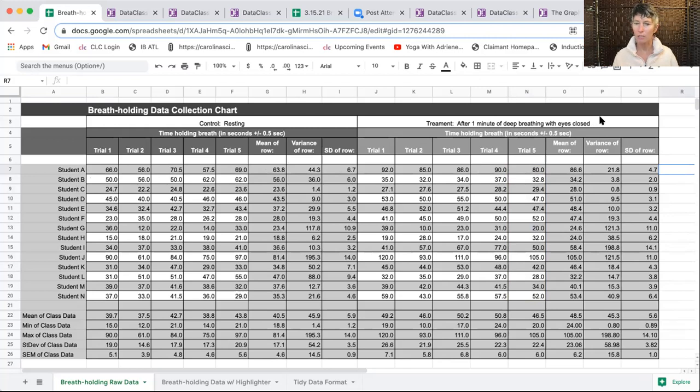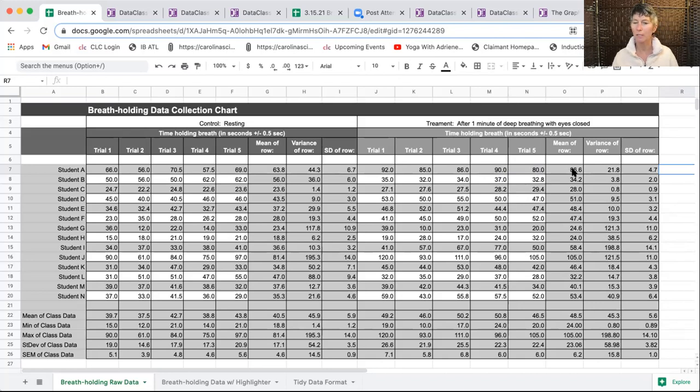After that minute, they held their breath 5 more times and recorded their data across their row for 5 trials. So we have students who have all collected 5 trials as their baseline, and then 5 trials after the treatment, being 1 minute of deep relaxation and deep breathing.